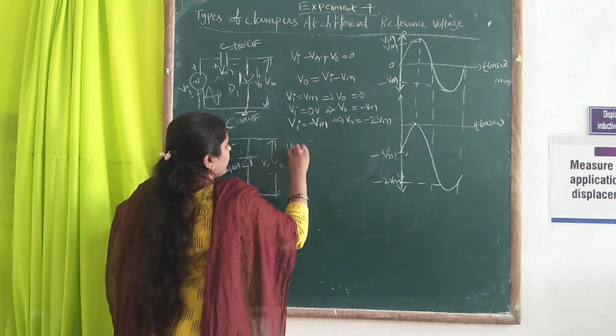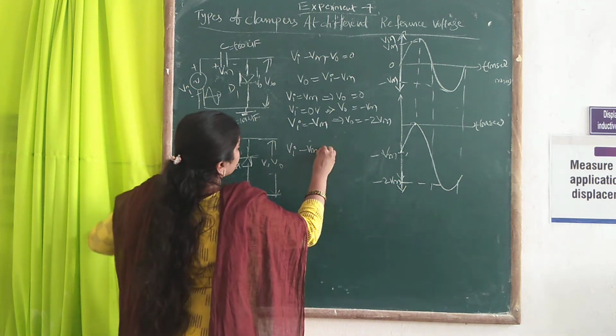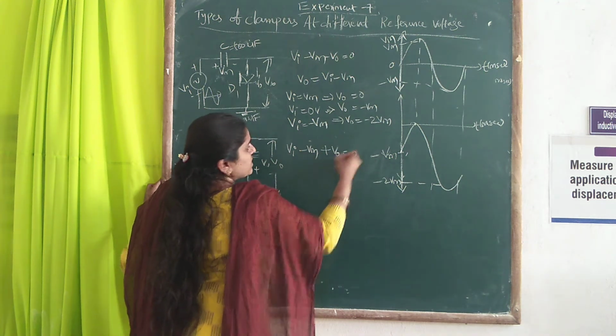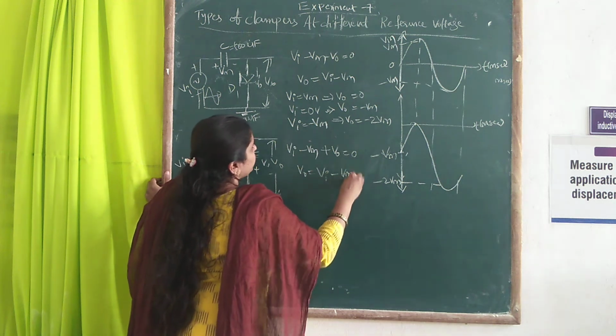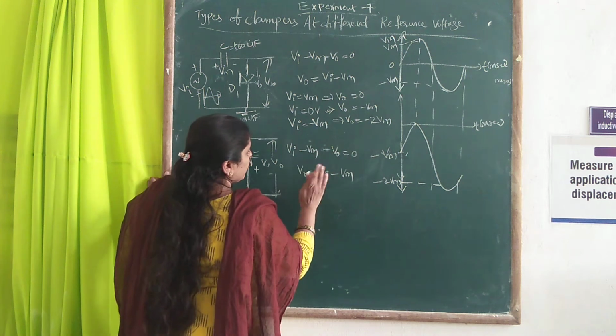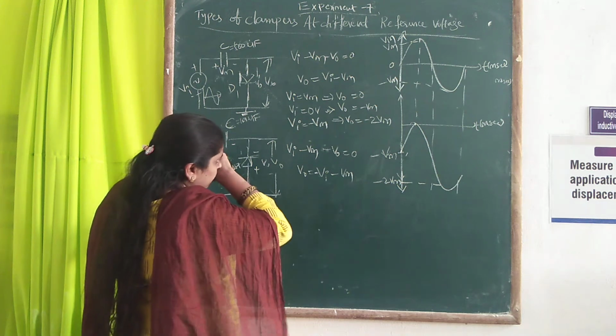Then Vi minus Vm, so here minus to plus, so plus V0 is equal to 0. Sorry, here minus V0, so V0 is equal to minus Vi minus Vm.